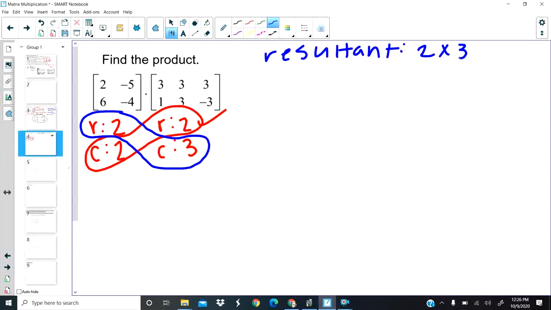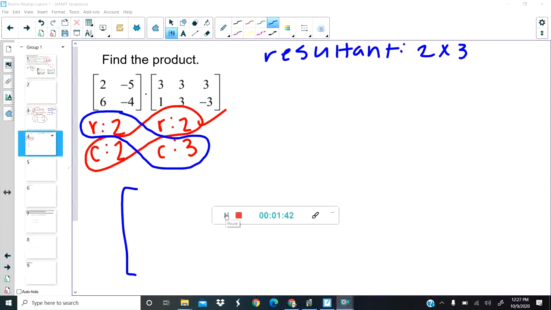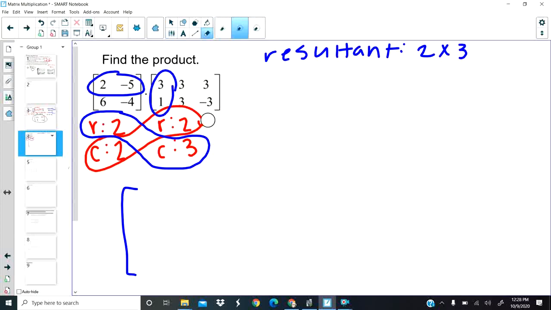I'm going to leave plenty of space. I'm not going to try to draw the box yet for the actual multiplication process. I'm just going to draw one bracket for myself. So we know that this is going to have 2 rows and 3 columns. To find my row 1, column 1, I need to be multiplying my first row in my first times my first column in my second.